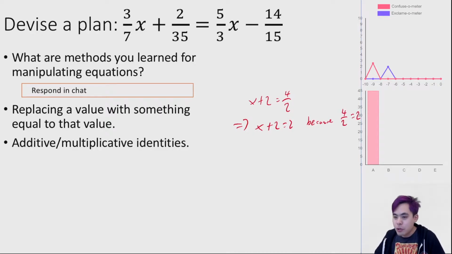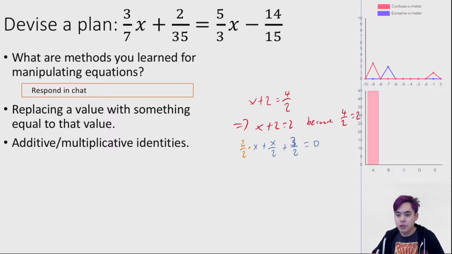You have your additive and multiplicative identities. Let me use a different color. Something like x plus x over 2 plus 3 halves is equal to 0. Well, you can replace that with something like 2 over 2 times x.